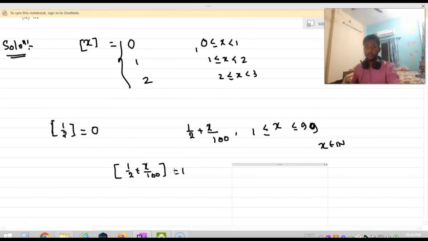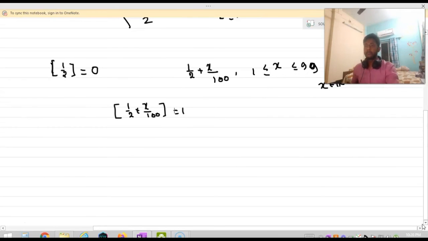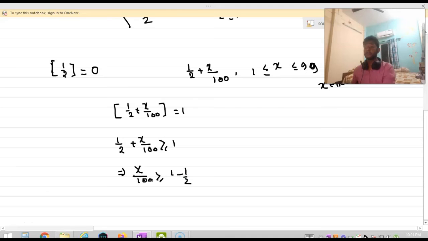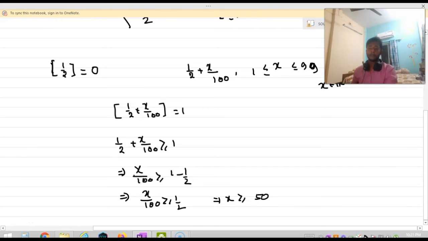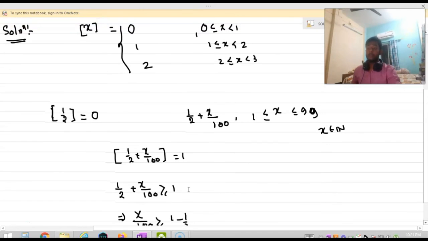Box of half plus x by 100 will be 1 if half plus x by 100 is greater than or equal to 1. So x by 100 is greater than or equal to 1 minus half, that is half. This implies x is greater than or equal to 50. So box of half plus x by 100 is 1 whenever x is greater than or equal to 50.